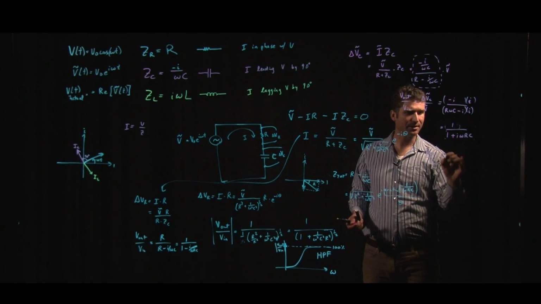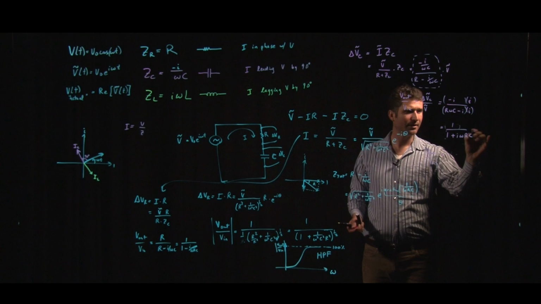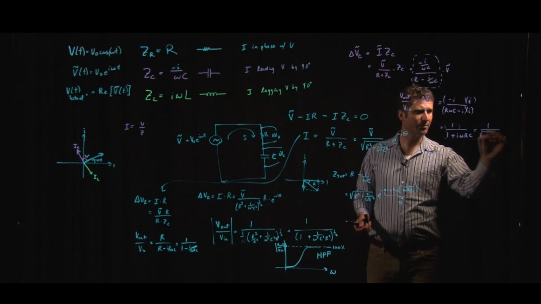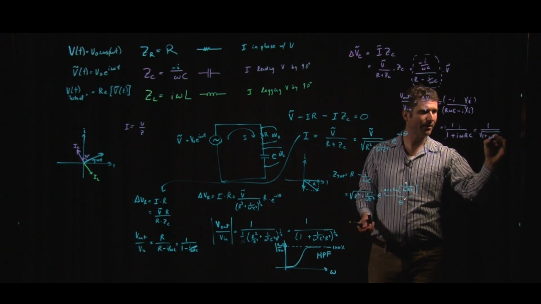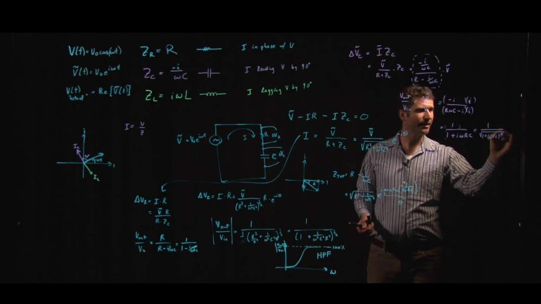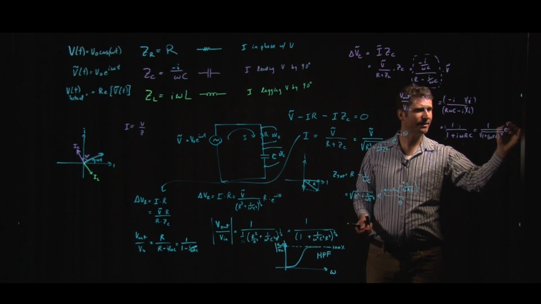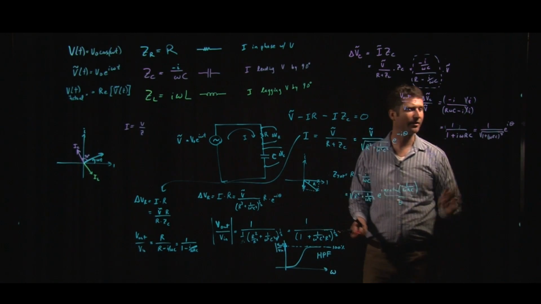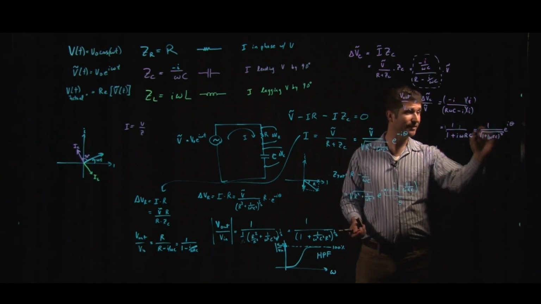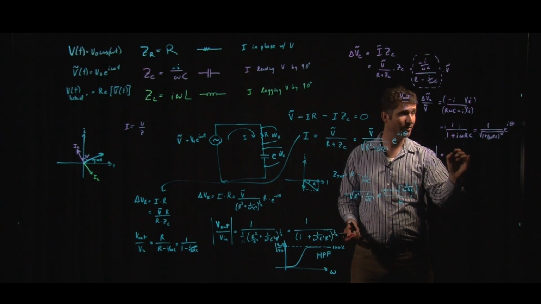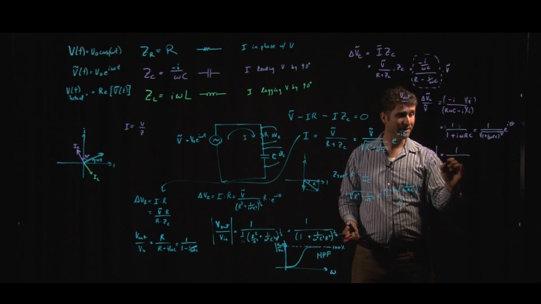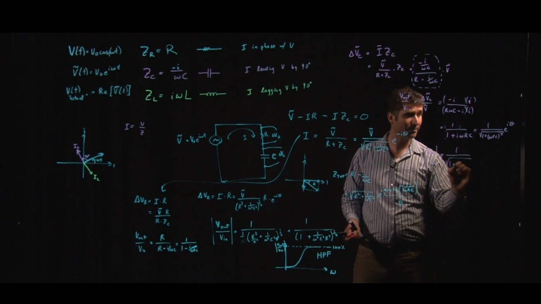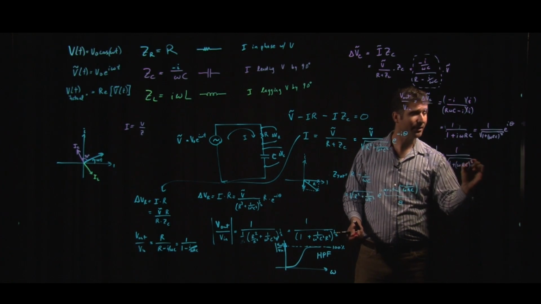So I'm just going to say this down here is equal to the square root of 1 plus omega RC squared, and then we're going to have some e to the i phase. And of course, we can figure out the phase if we'd like through this arctangent like we discussed. But really, this is the part we're interested in here. So this part is going to be equal to 1 over the square root of 1 plus omega RC squared.